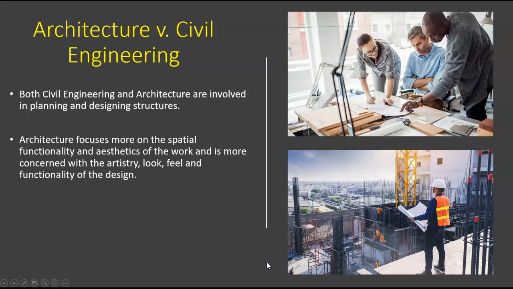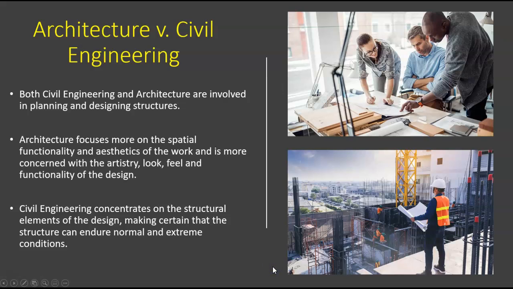But architecture focuses more on the spatial functionality and the aesthetics, the sensory appeal of the work. It's more concerned with the artistry, the look and feel, and the functionality of the design, with the livability and the appearance, right? The artistry of the building is of primary concern to an architect.